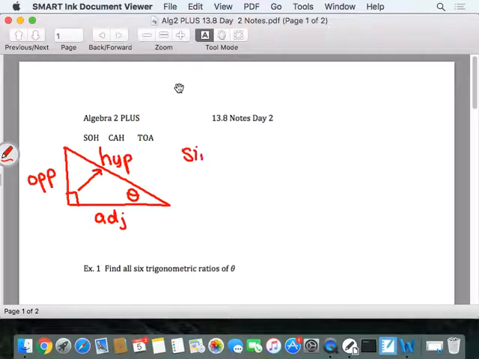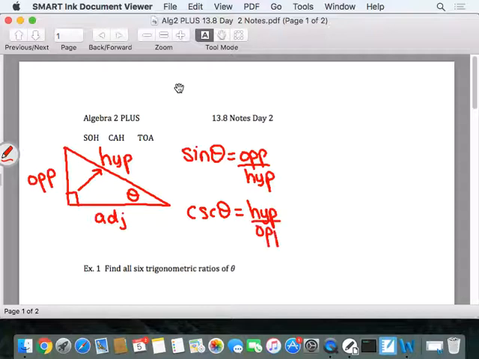So for sine theta, SO stands for opposite over hypotenuse. What we learned last class is that its reciprocal is cosecant. So the reciprocal becomes hypotenuse over opposite. Cosine theta, CAH, is adjacent over hypotenuse.